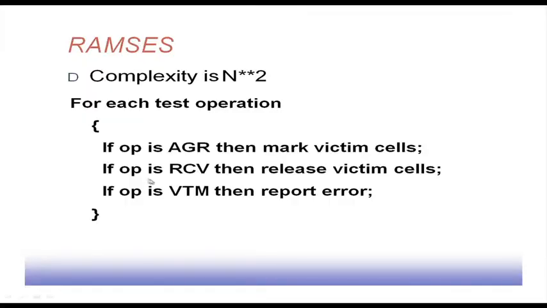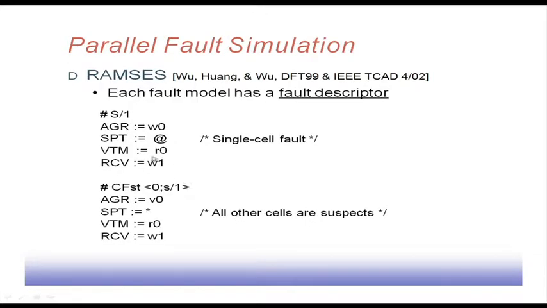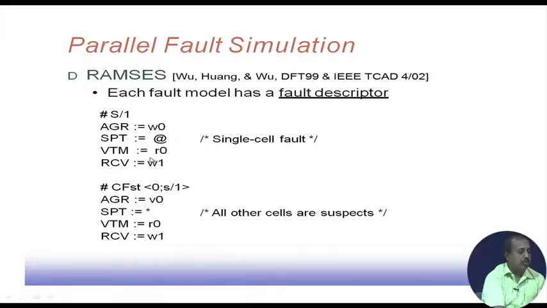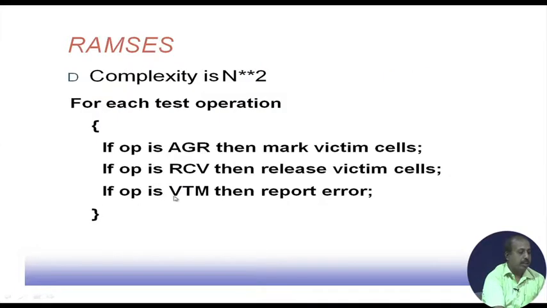And if the operation is recovery, then we release the victim cells, so we write back the original values that should be there. If the operation is victim, then we report error. In this case victim is R0, so if you get the value as 1, that means the victim is detected, so we can report an error.